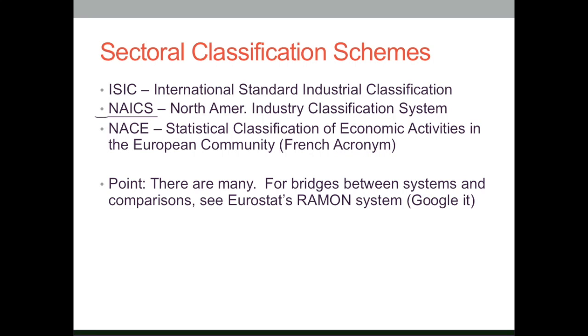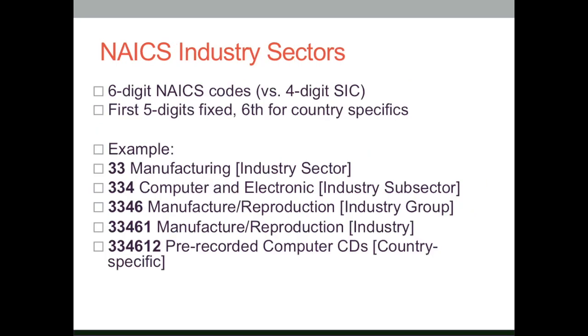There are many, and there are ways to bridge between different systems if you need to, if you're comparing economies across countries or different classification schemes. NAICS is the sector classification scheme that most of our LCA models use, and this is the one that you will be using. So I wanted to explain the coding for the sectors.